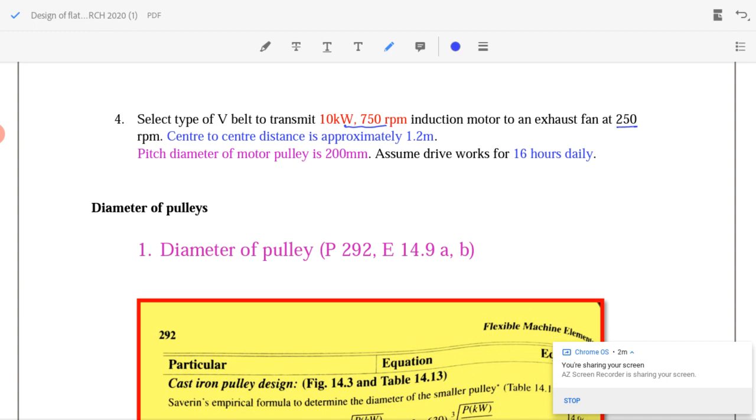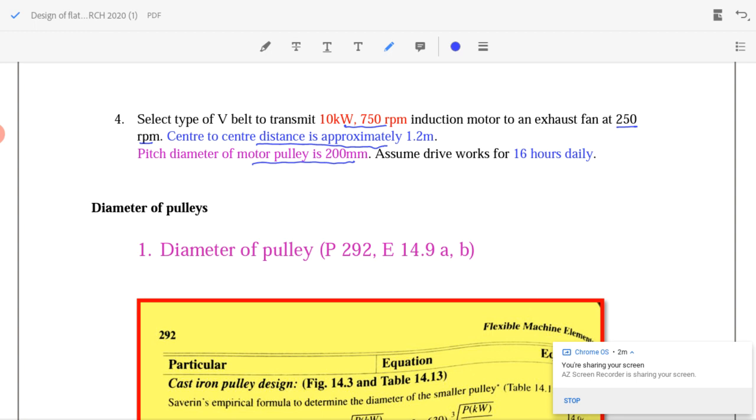Exhaust fan is rotating at 250 rpm. Center to center distance is approximately 1.2 meter. Pitch diameter of the motor pulley is 200 mm. So the motor pulley is rotating at a higher rpm and its diameter is given as 200 mm.